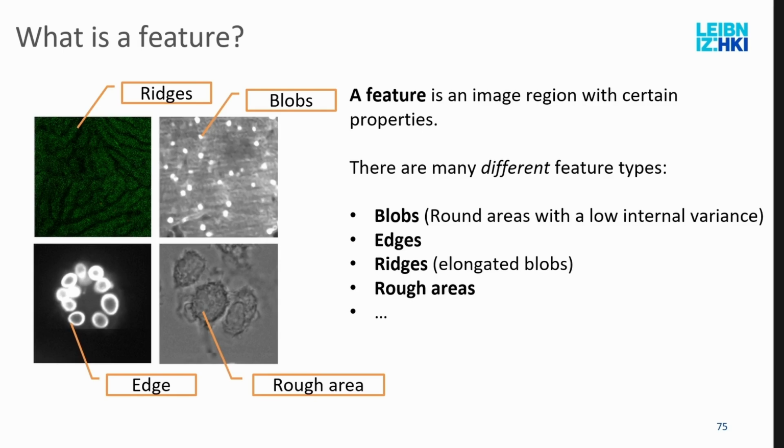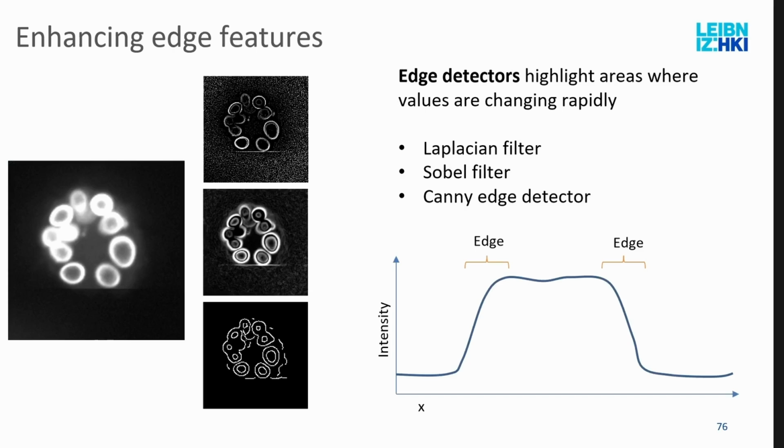There might be more, depending on your use case, that you want to specifically extract from your image. One of the very most common ones has to do with edges. Fortunately, there are specific edge detectors that turn the edges of structures into bright pixels, so then our thresholding can pick them up.